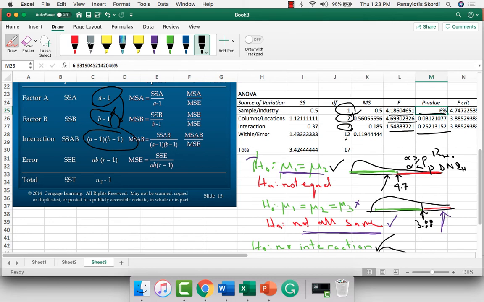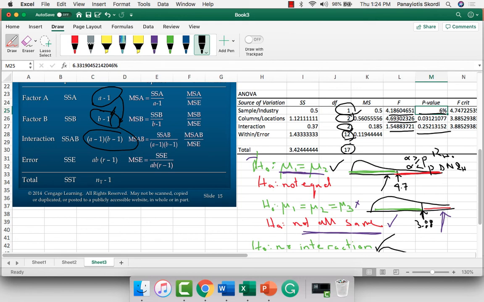And then within the 12, how did they get the 12? It's A times B, so 2 industries and 3 locations, 2 times 3 is 6. And the number of times we repeated the experiment minus 1. We repeated the experiment 3 times, minus 1 is 2. So it's 2 times 3 times 2, and that's how they get the 12 in here. And the 17 comes from adding these up.